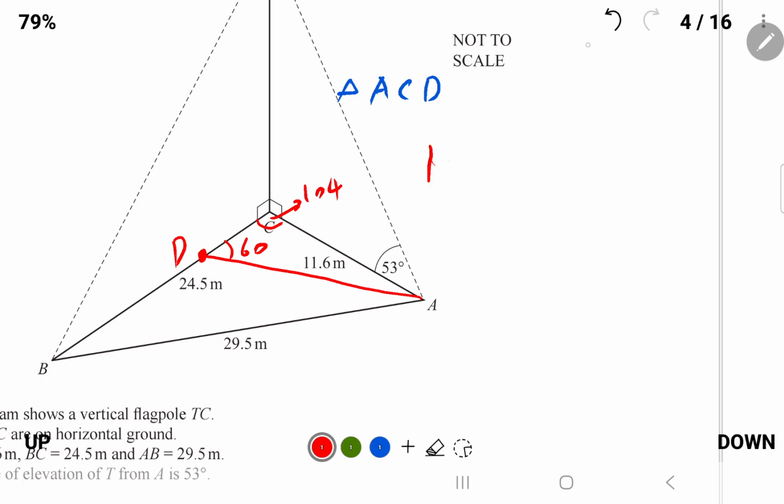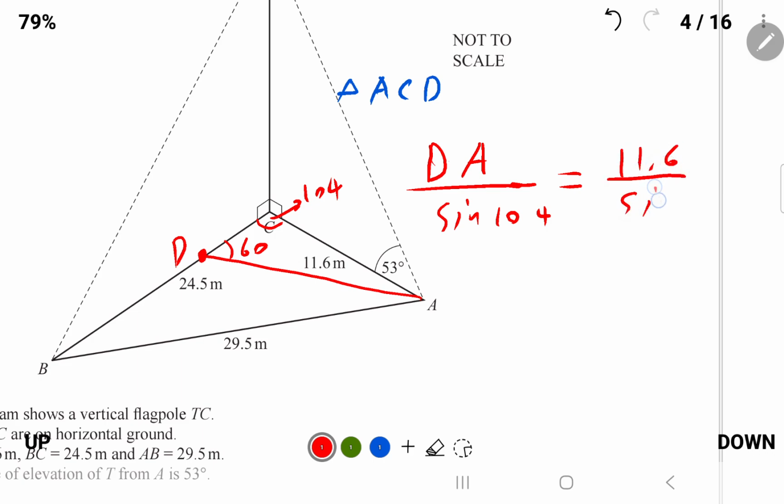So you can say here AD divided by sine 104 is equal to 11.6 divided by sine 60.